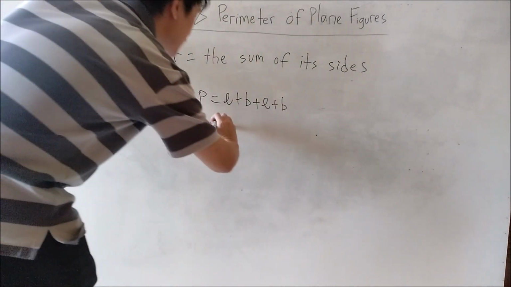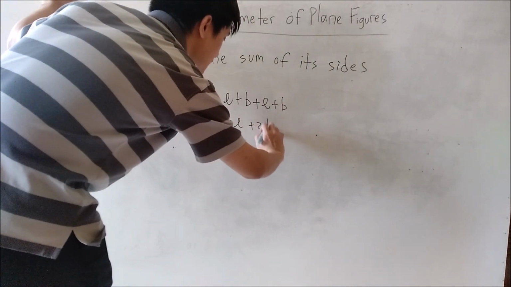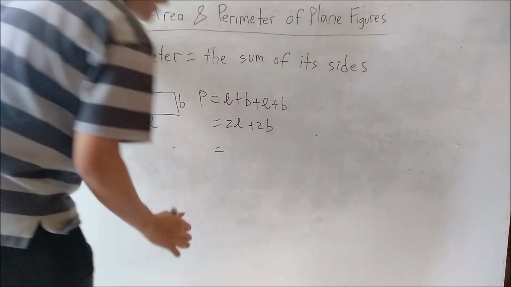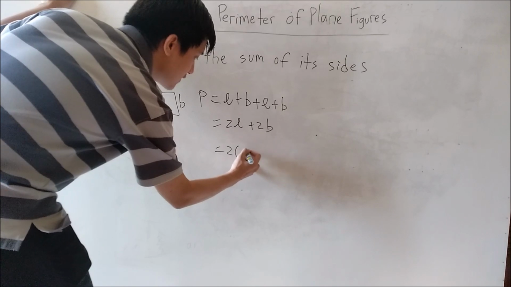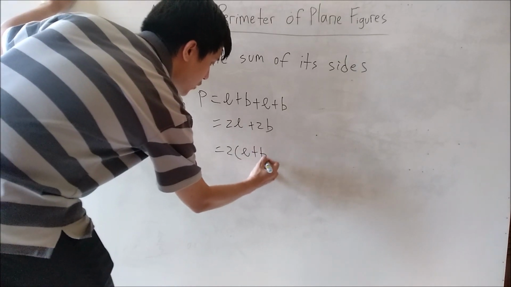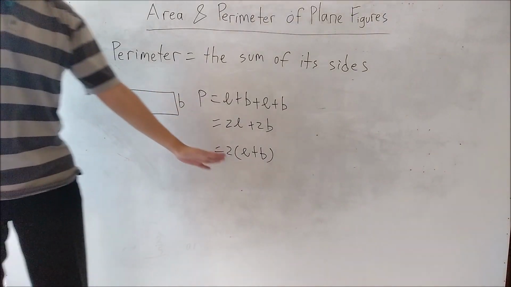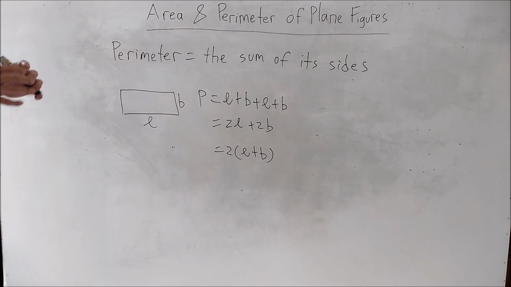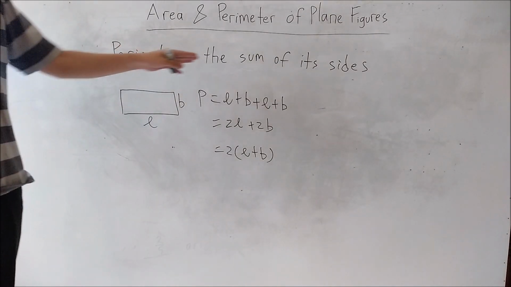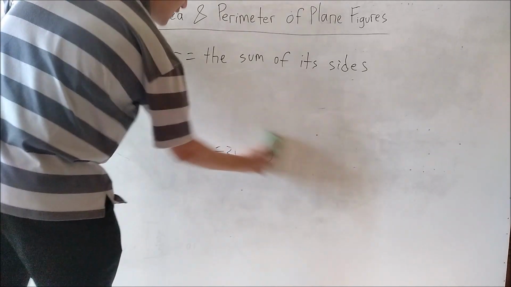For those of you who have learned algebra, you know that it is 2L plus 2B, and then you can factorize the 2, so you will have 2 times parenthesis length plus breadth. That's why at the end, for the perimeter, you have 2 times length plus breadth. The point is, perimeter is the sum of all sides.